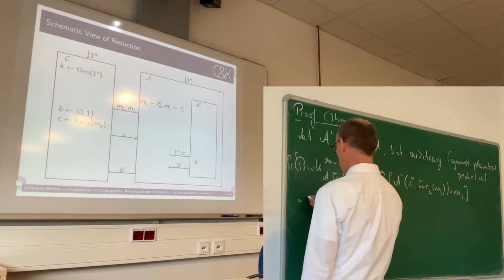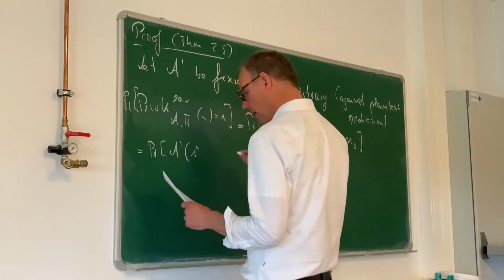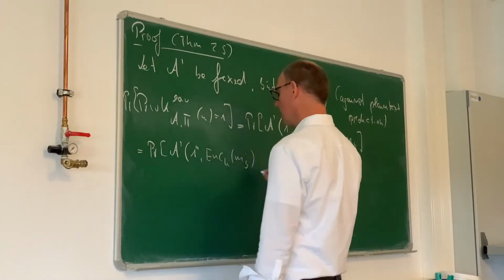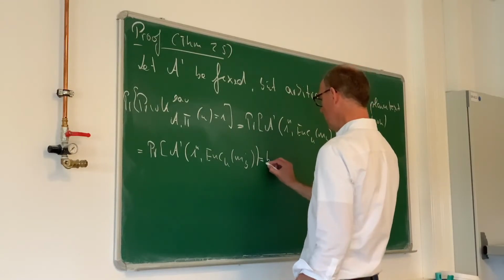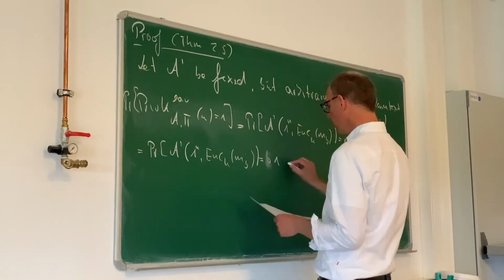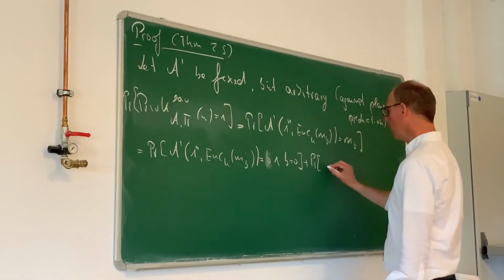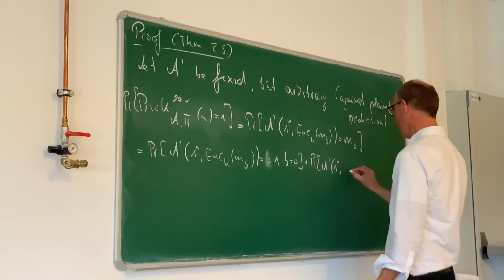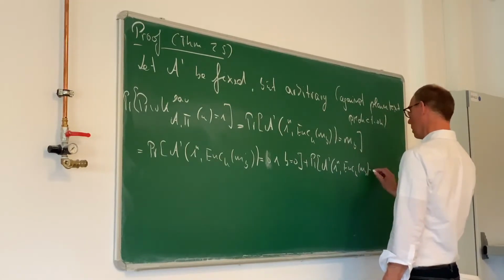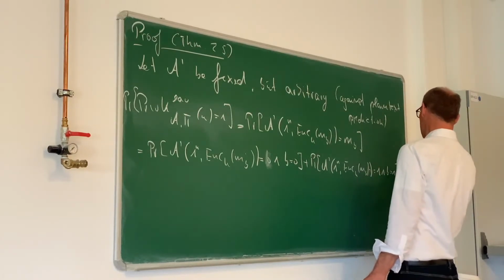This I can write as the probability that A prime on input 1 to the n and encryption of MB outputs 0 and B is 0, plus the probability that A prime on input 1 to the n and the encryption of MB outputs 1 and B is 1.